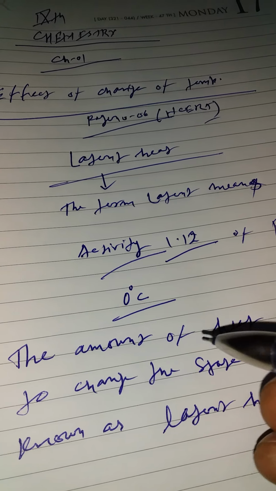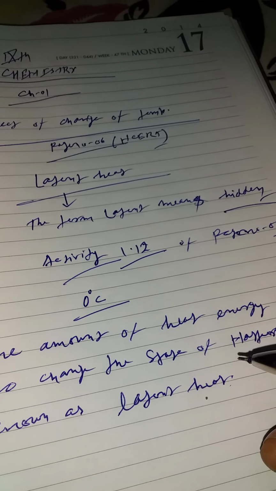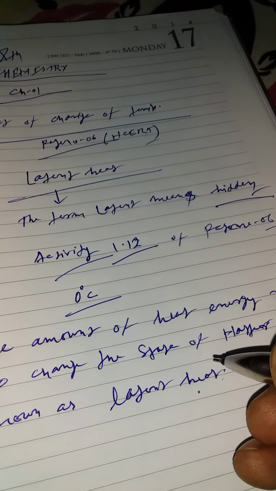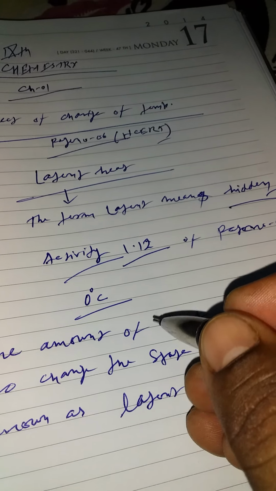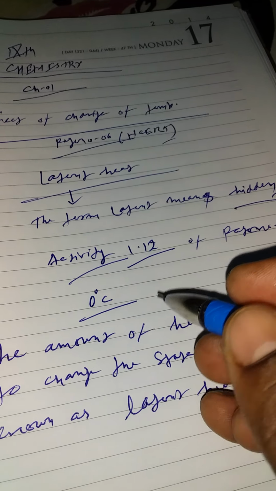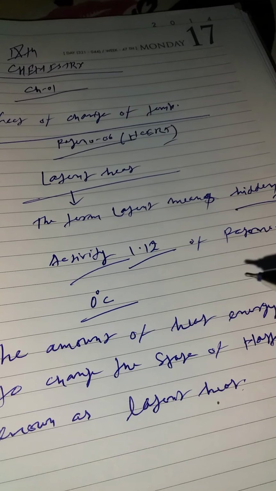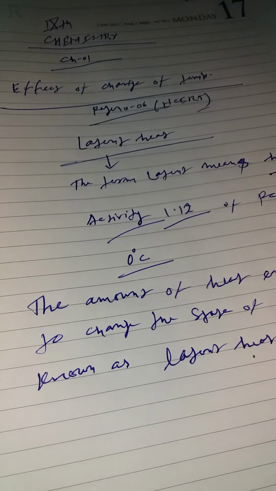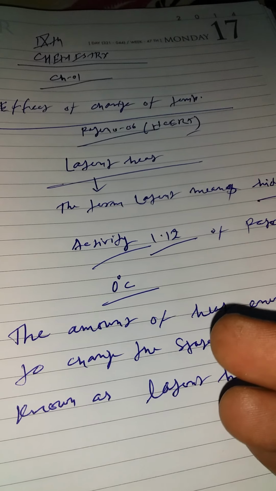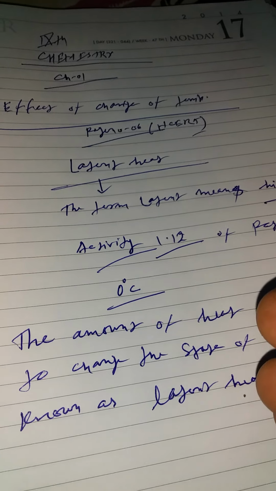That means the heat energy is consumed to change the state of matter, that's why the temperature of the thermometer remains constant at 0 degrees Celsius till the whole ice converts into water. By applying heat, the intermolecular force of ice breaks down.